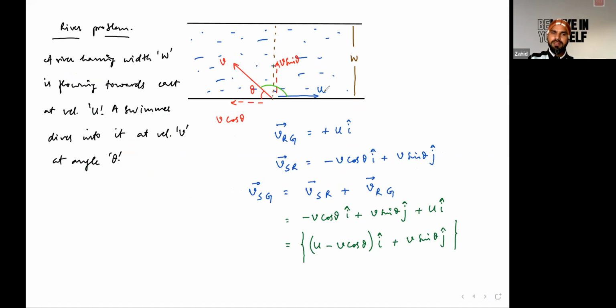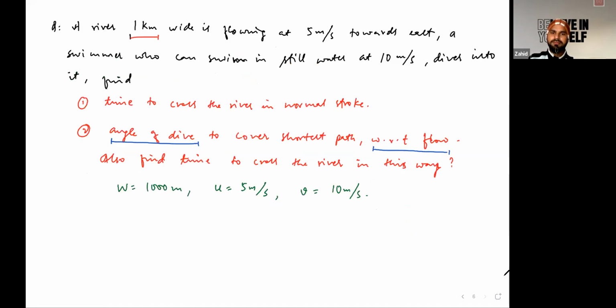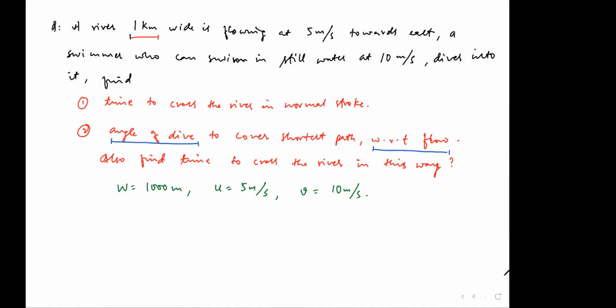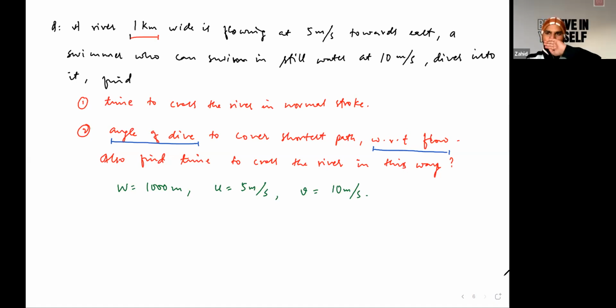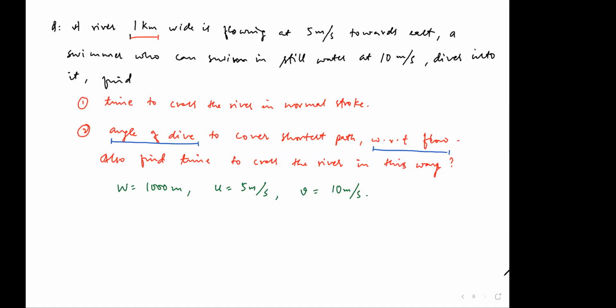Since this is the flow of the river, it will be 180 minus theta. Okay, Ifra? Yes, sir. Good, Ifra.